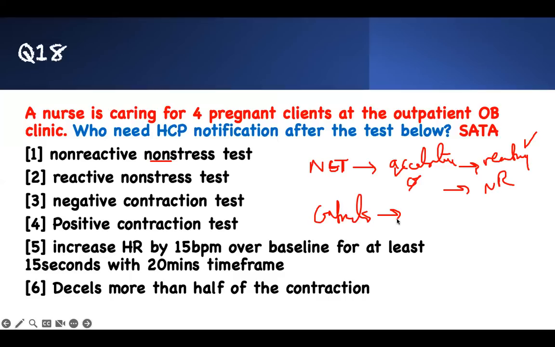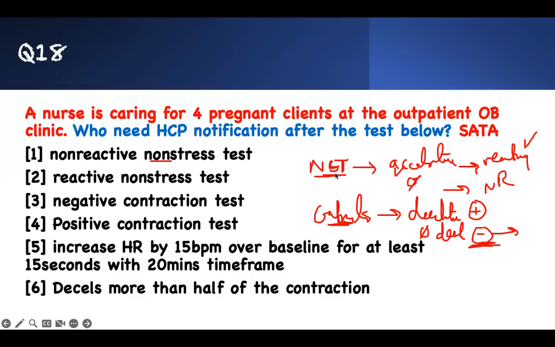And therefore, what do you think? I don't want to see what? Deceleration. If I see deceleration, it's positive. No deceleration is negative, which is good. So for the contraction test, I want a negative one, no deceleration.